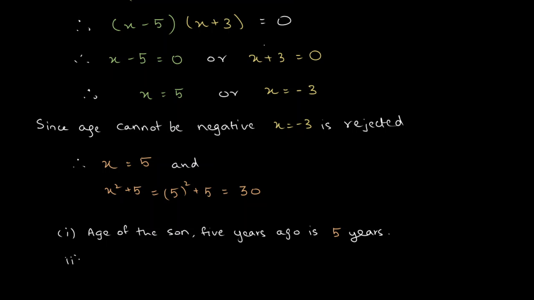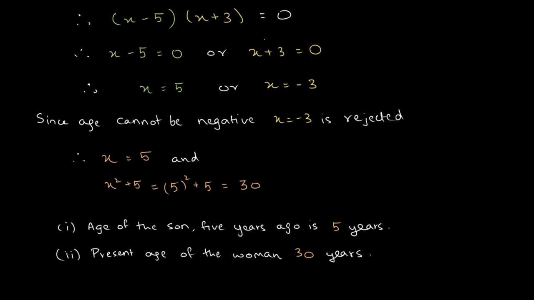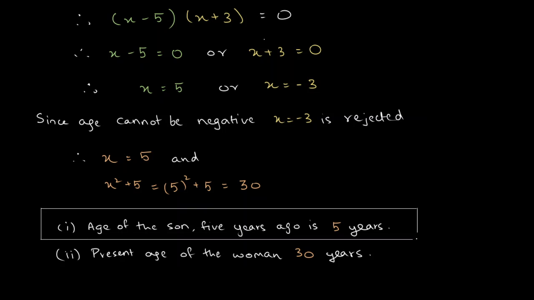And the answer to the second part, which was the present age of the woman, is x squared plus 5, which we found to be 30 years, right? So this is my final answer, which I will put in my final answer rectangle. Yep, here we go.